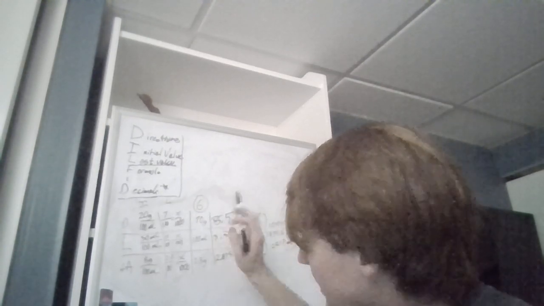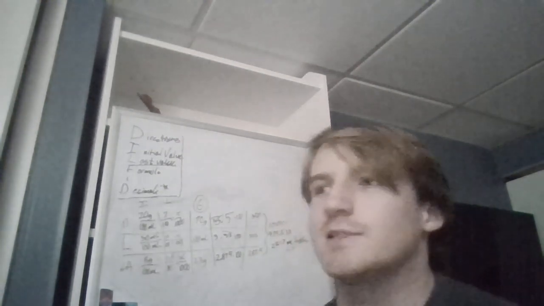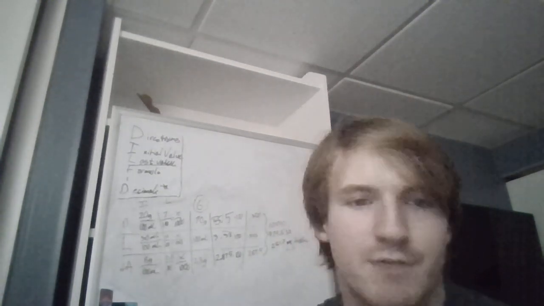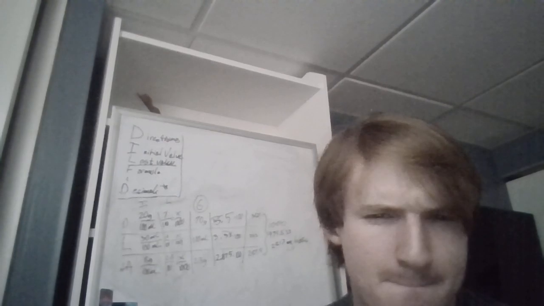You get 70, multiply it by your factor of carbohydrates. I forget. 3.4 calories per gram. So 70 times 3.4.